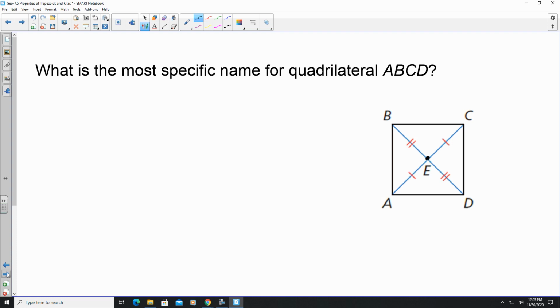So going back into my theorems, if it is a rectangle, all of these would be the same. All right, so it's not a rectangle. So if it's not a rectangle, that means it's also not a square.